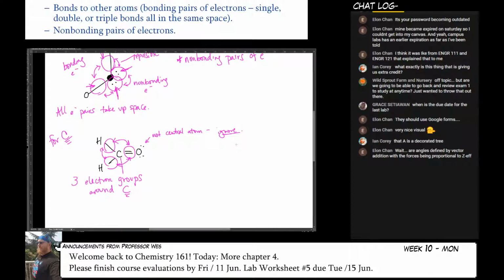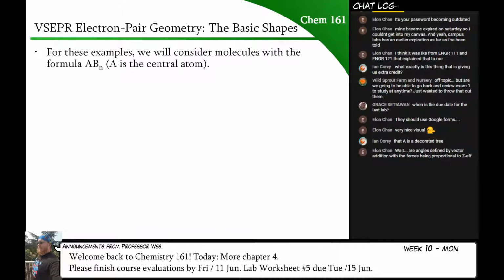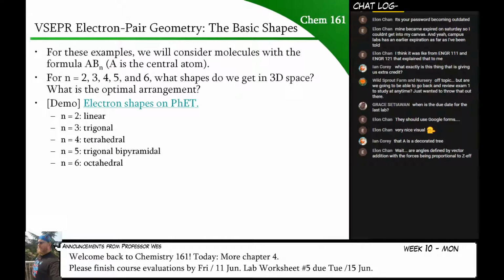In the bottom one, I got 3 electron groups. The number of electron groups that you determine is going to influence the shape that you get. And so that's going to look like this. So we're going to come back to these names in just a second.